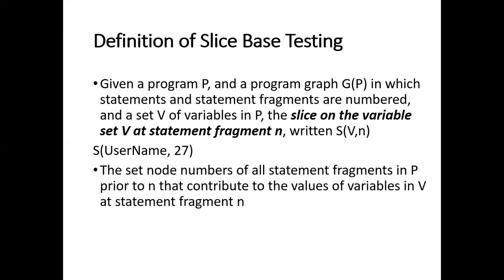So we can simply write the slice on the variable set V at the given statement as S(V, N), right? S denotes your slice, V denotes the variable name, and N is the line number this variable belongs to.